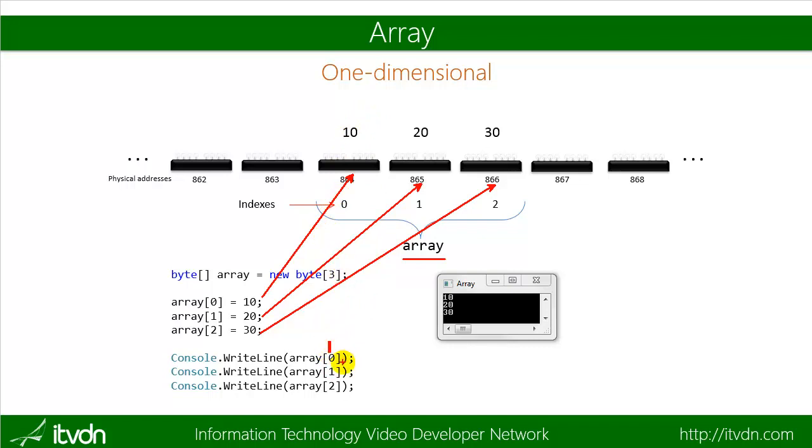So what do you have here? This 10 goes in here, this 20 goes in here, and this 30 goes in here. So 30 here, 20 here, 10 here, and then later you print them out to the screen one by one.